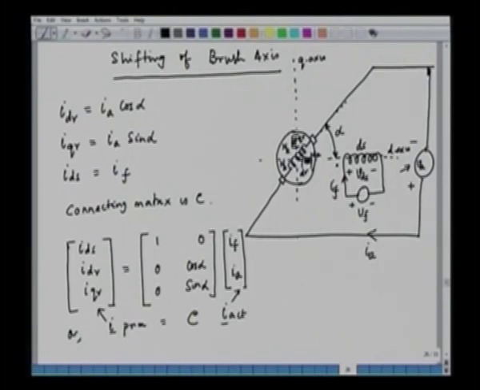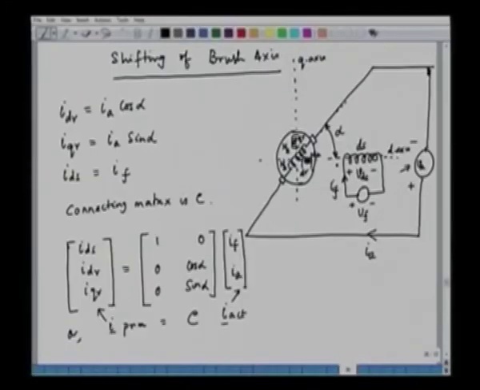And what about VDR? VDR would be VA cos alpha, just like the current. Since the current is multiplied by cos alpha, voltage will also be multiplied by cos alpha, because when the voltage is reduced, current is also reduced. Similarly, VQR is equal to VA into sin alpha.